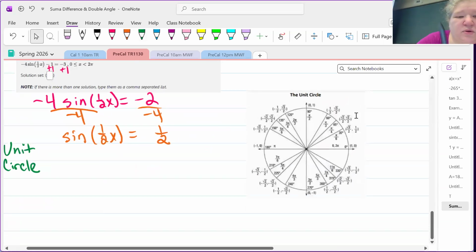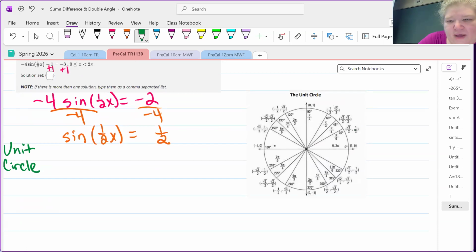All right, so sine, the y value is 1/2. There's one, and there's the other. So our angles are pi over 6 and 5 pi over 6.